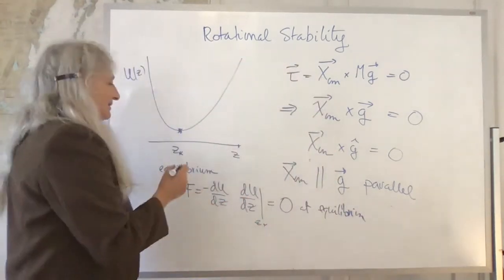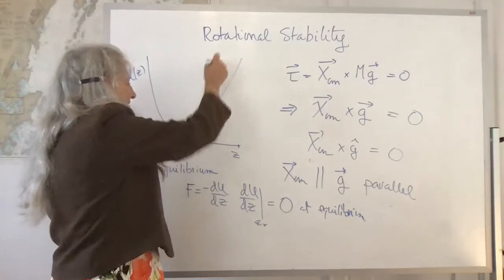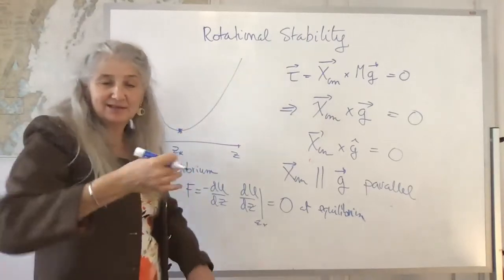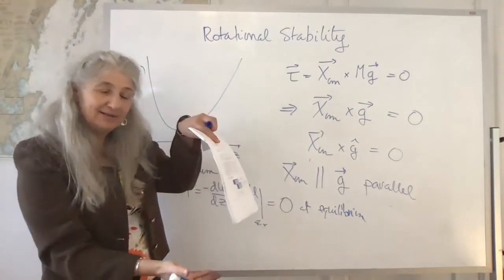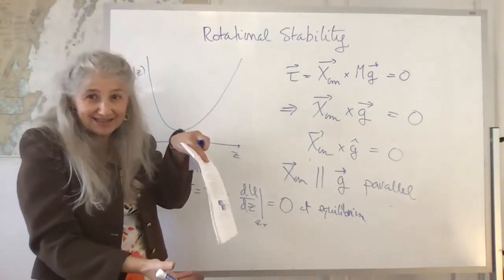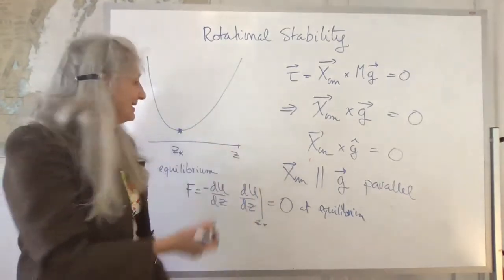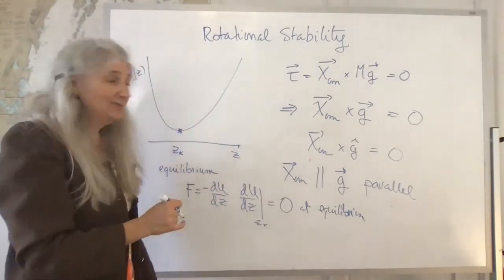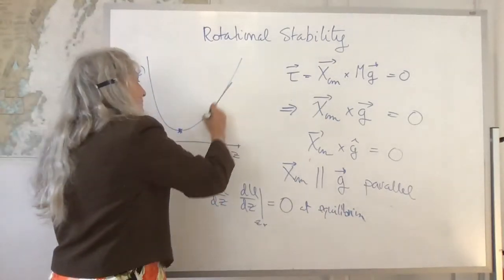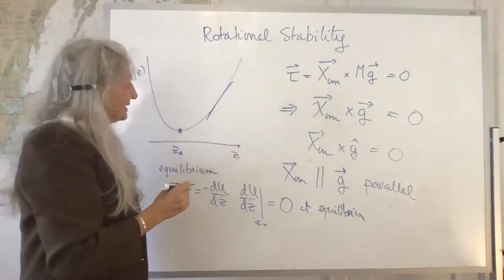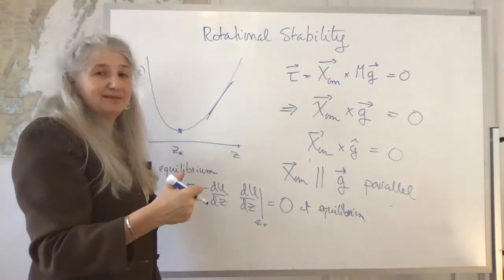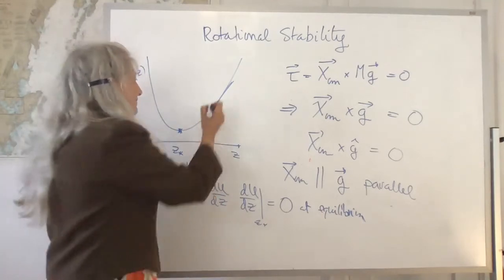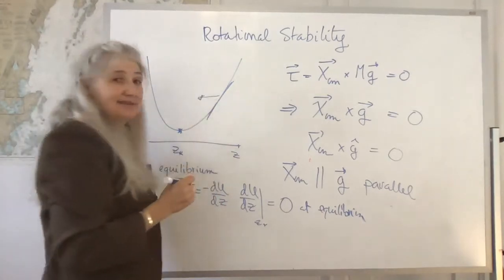If I draw on this so that it's a minimum in the potential energy, which makes sense: if I have my pendulum and let it tilt down to the bottom, the center of mass is as low as it can be, and so the potential energy is as low as it can be. This has a positive slope on this side, so the force is the opposite, minus dU/dz, so the force is back in this direction.